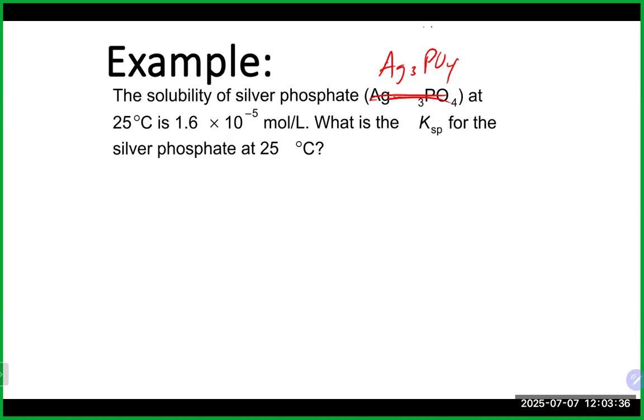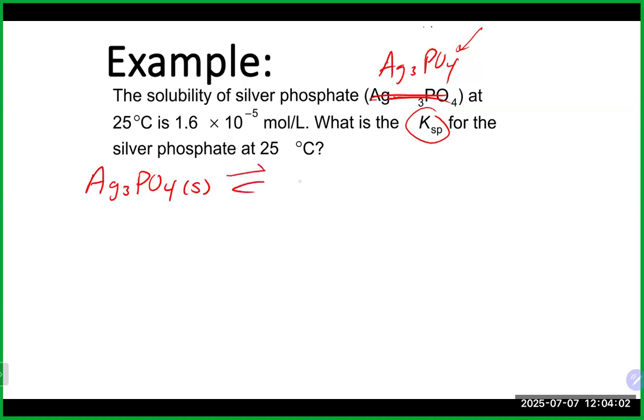So the first thing, again, if you're not sure about your solubility rules or things like that, is if you're asked for a KSP, you could consider this guy insoluble, a solid. So that's a good way to know that. So we will start with this guy breaking apart into its ions. Remember that when you write these equations, on the reactant side is always the solid.